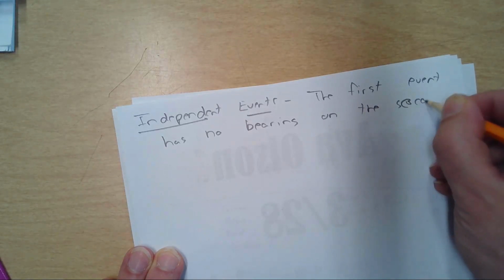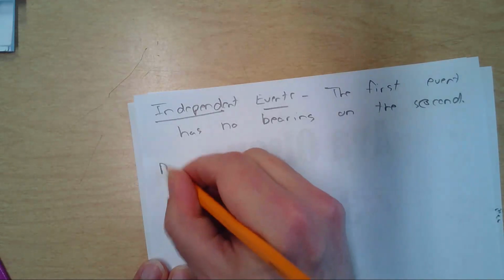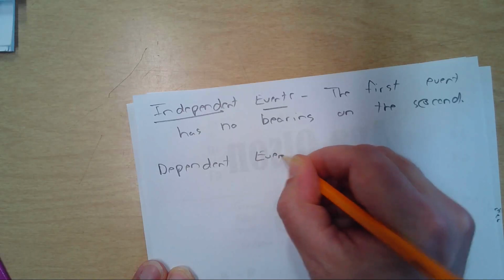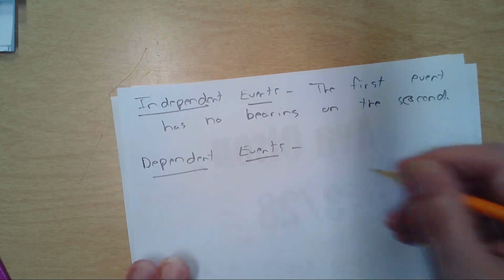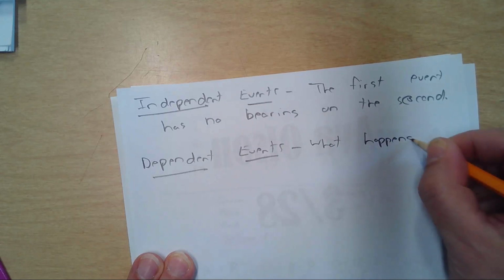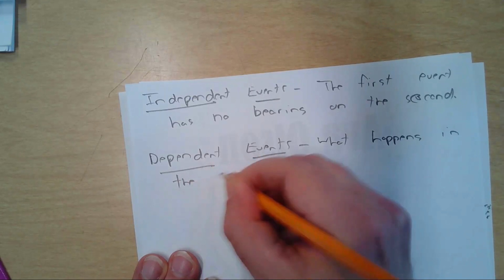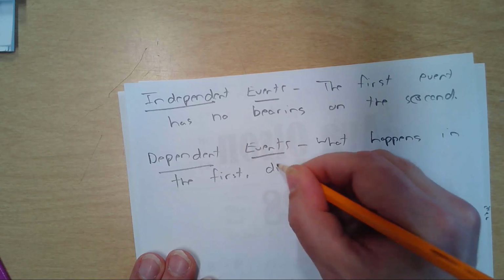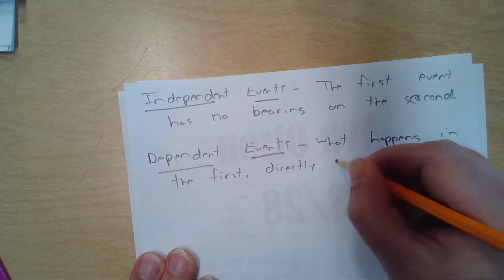I'm just going to write them both out, and then we'll talk more about what they mean. Dependent events, complete opposite. What happens in the first event directly impacts the second event.